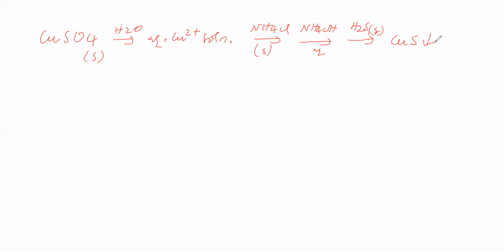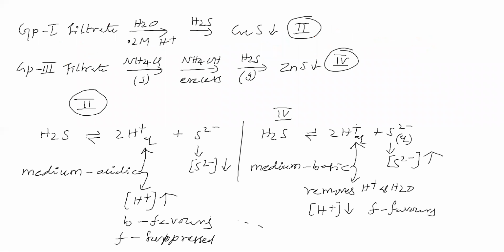One student says Cu2+ is precipitating. Okay, now we will see this point again. For group 2 cationic analysis, the reagent is acidic medium and H2S gas.